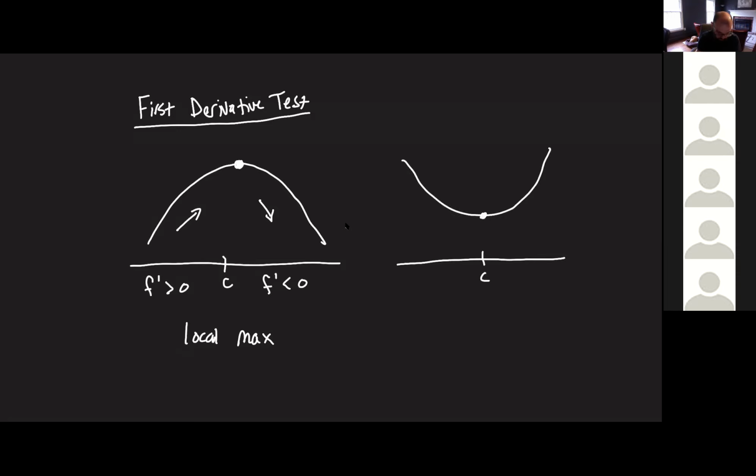So you have this value C, and this is what a local min looks like. You find this point where the derivative is 0, you look a little bit to the left, and you say, okay, my derivative over here is negative, and then over here on the right, my derivative is positive.